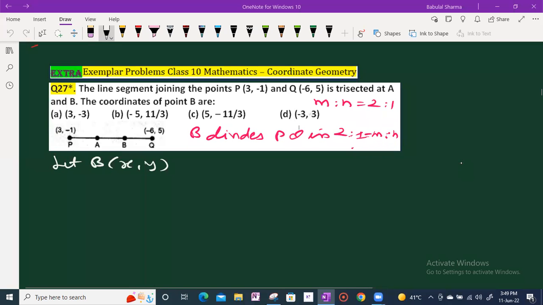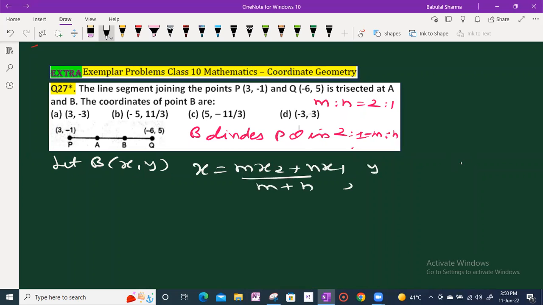So the coordinates of point B, that is x comma y, and B divides in the ratio m is to n. So using the section formula, x is equal to (m x2 plus n x1) upon m plus n, and the y coordinate will be (m y2 plus n y1) upon m plus n.